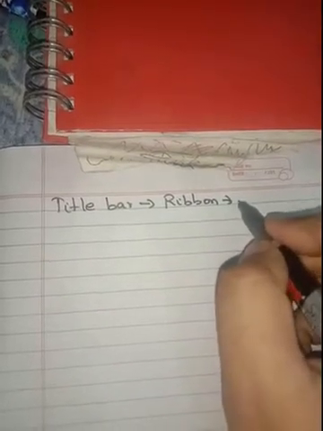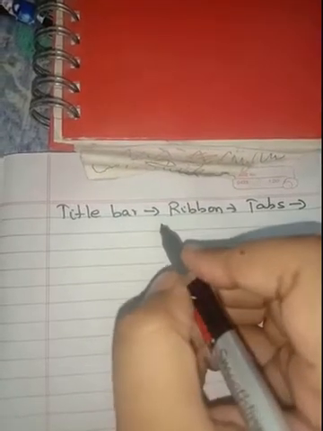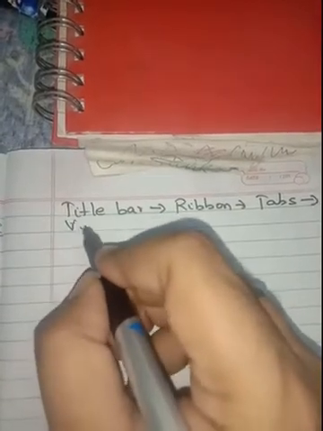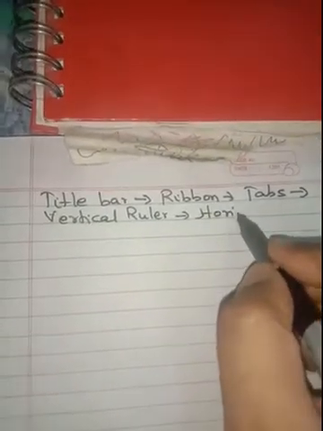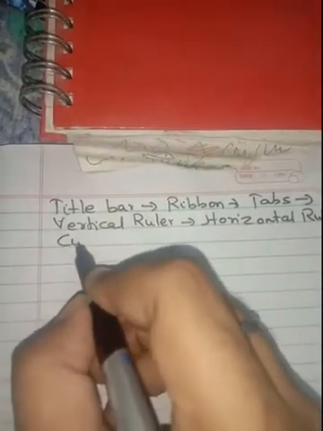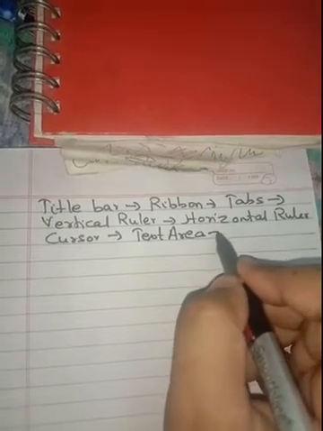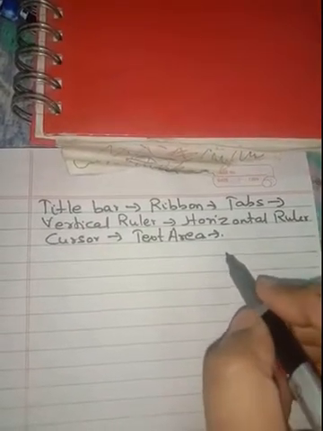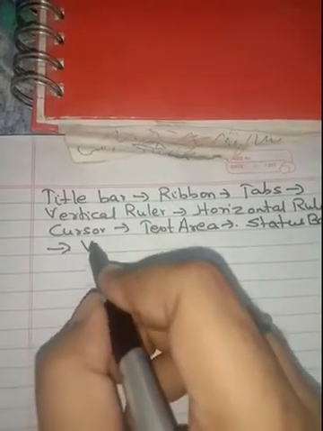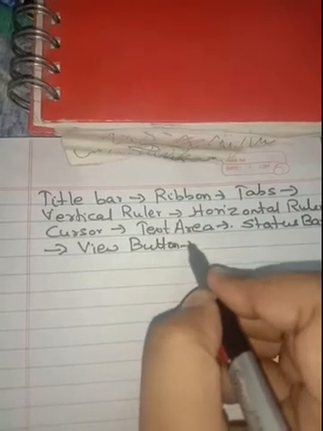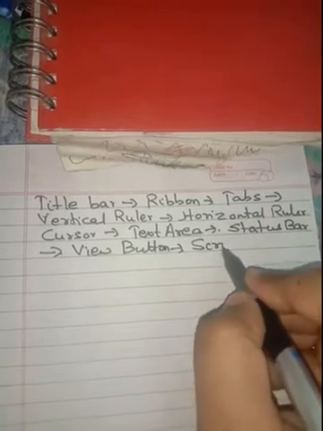Then we have tabs, then vertical ruler, horizontal ruler, then cursor, then text area, then status bar, next view button, next scroll bar, and then zoom pointer.